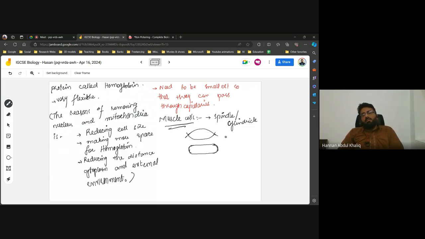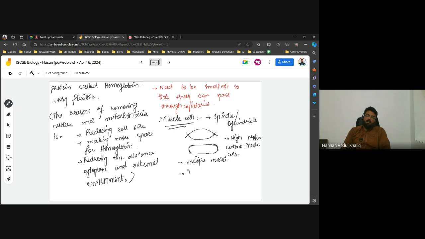Now, our muscle cells are very unique in that they have a very high protein content inside cells. And they have multiple nuclei, meaning more than one nucleus. You can find more than one nucleus in the muscle cells.